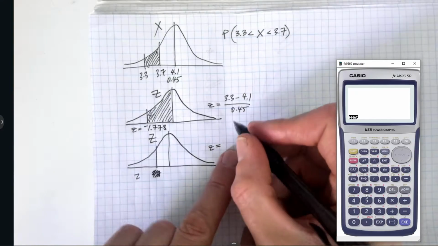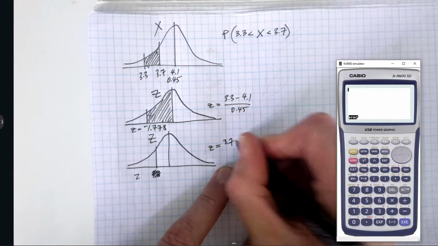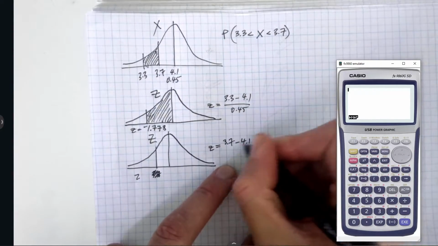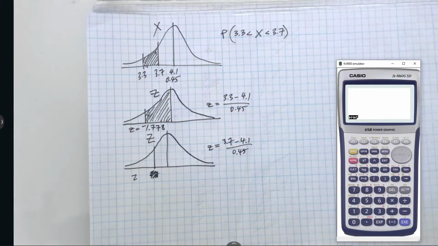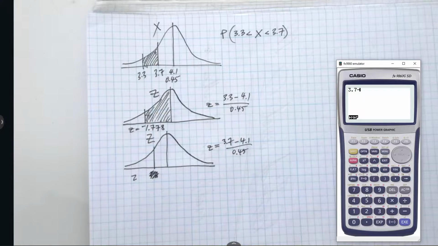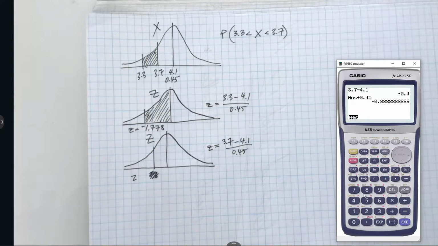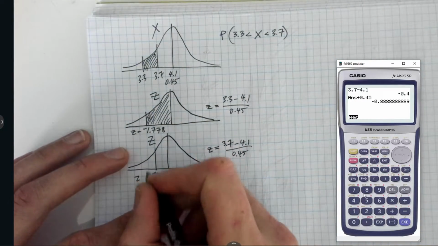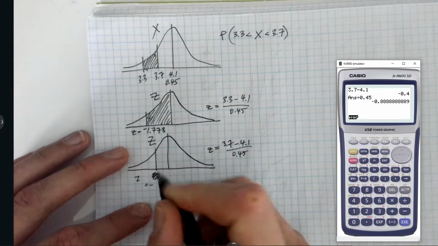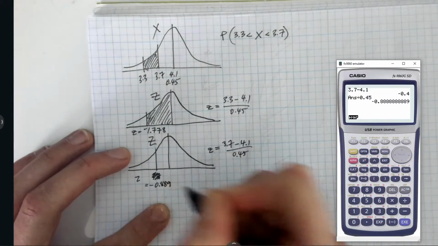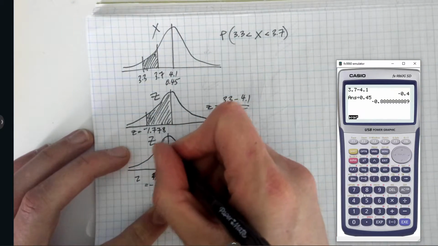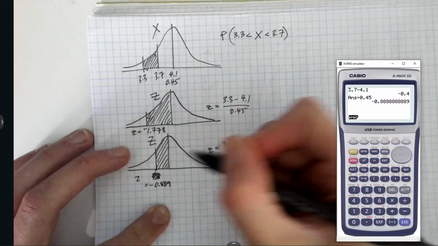Z is, and we get the X value, which is 3.7, and put it here, not down there. 3.7 minus 4.1, and then divide it by 0.45. The Z value is negative 0.889, and that will help us find this area.